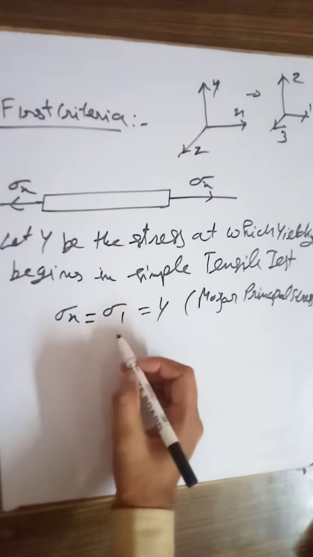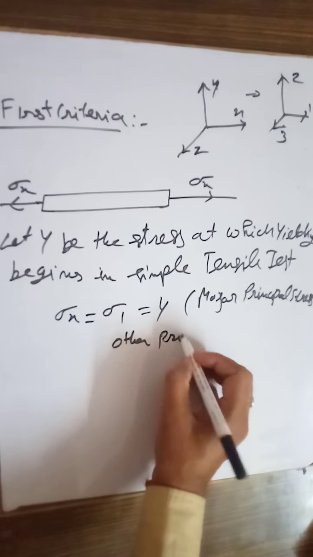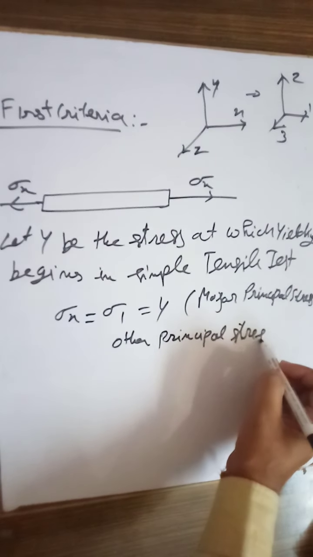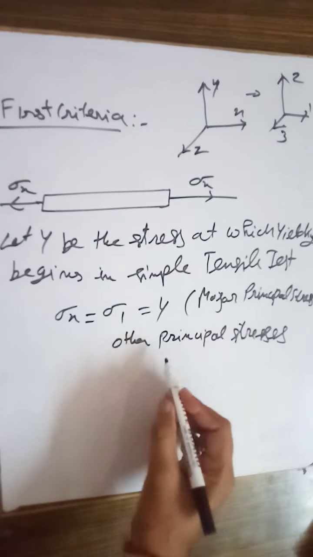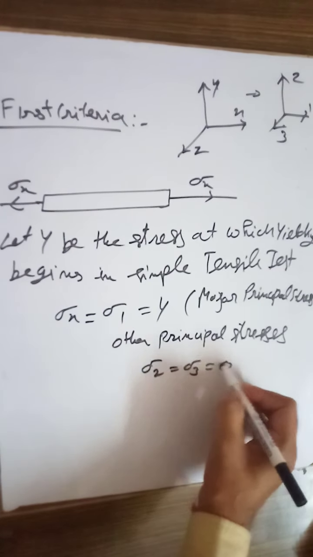The other principal stresses, sigma 2 and sigma 3, can be considered as 0.